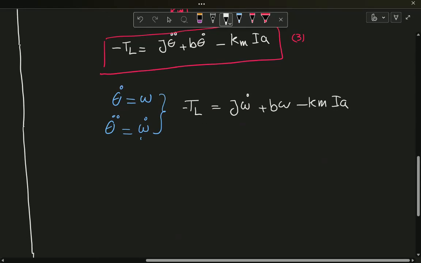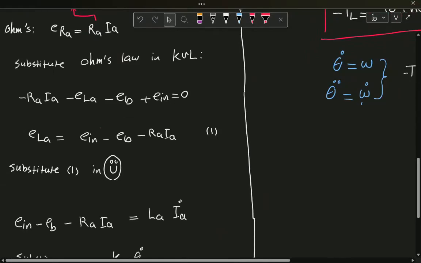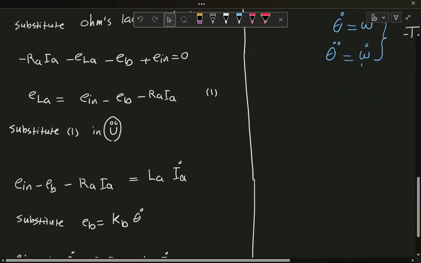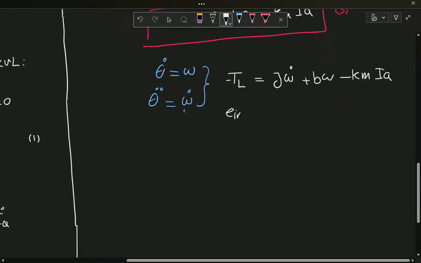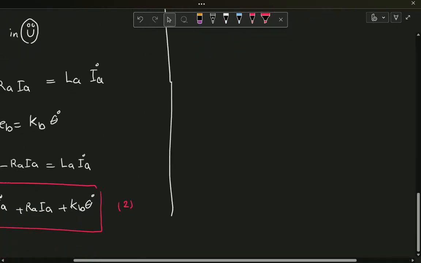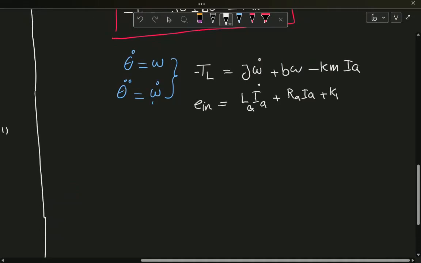Similarly, you can rewrite equation 2 as En equals LA i dot A plus RA iA plus KB. Instead of theta dot, I'm just going to use omega.